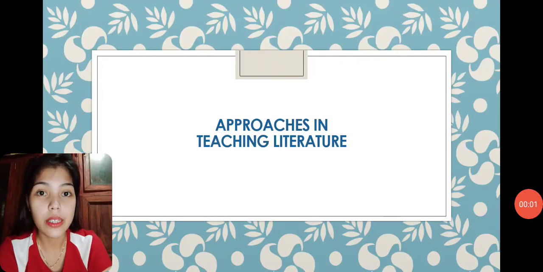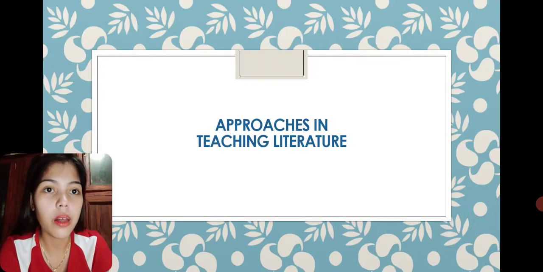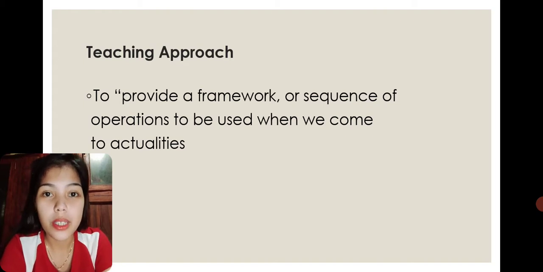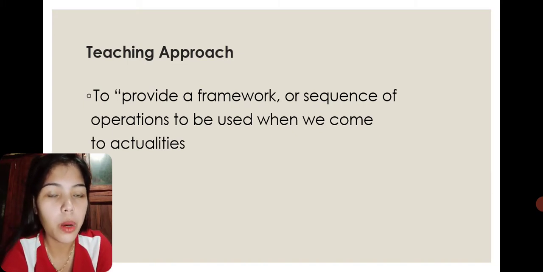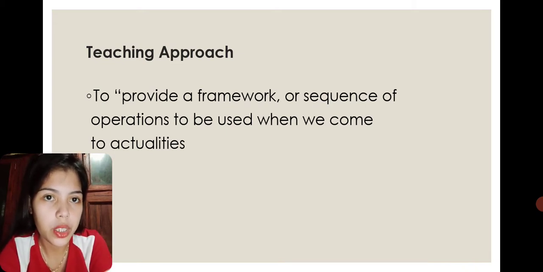So good evening class. So we're here to discuss all about approaches in teaching literature. So what is a teaching approach? It is to provide a framework or sequence of operations to be used when we come to actualities.